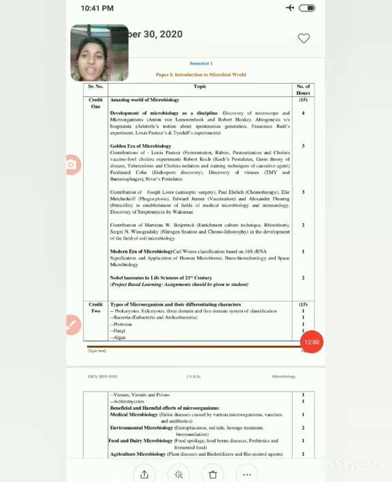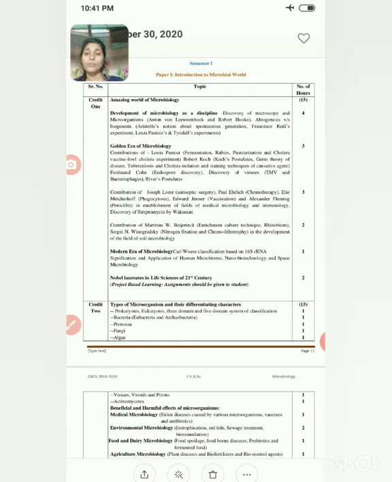Then the growth of microorganisms in the lab is performed using different enrichment media or culture media, which consist of a high content of nutrients that enhance the growth of microorganisms, and these different enrichment culture techniques were developed by the scientist Martinus Beijerinck. He contributed to the development of different culture techniques.